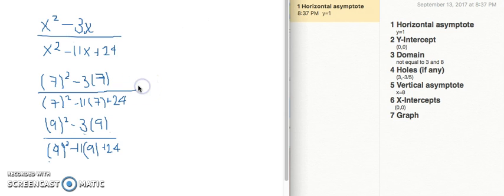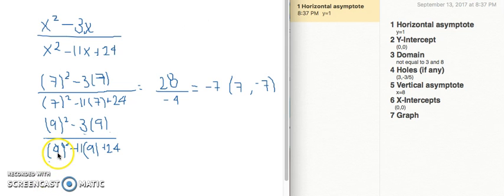When I substitute 7, it will be 28 over minus 4, which equals minus 7. So one point will be (7, minus 7).